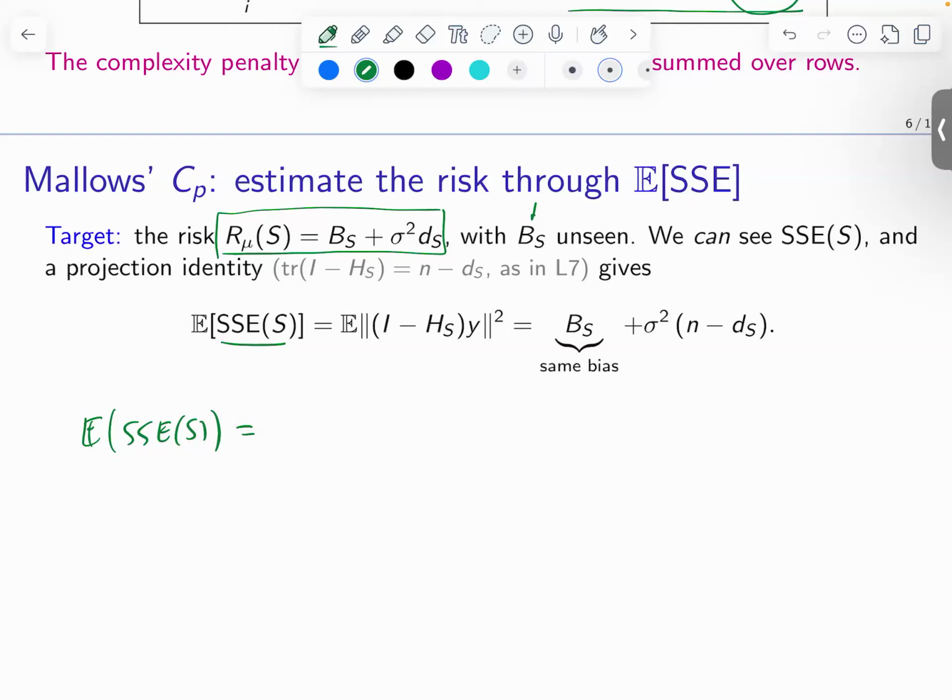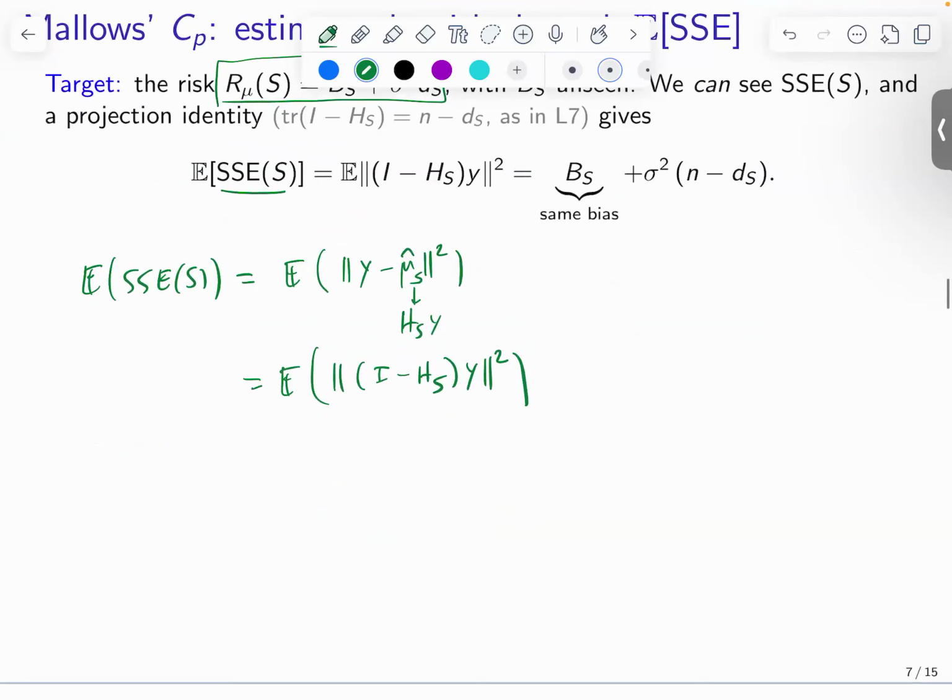So if I look at the SSE, it's just the expectation of, what is it, y minus mu hat, right? And this is like H_S y. So I get the expectation of the norm of (I minus H_S) times y, squared.